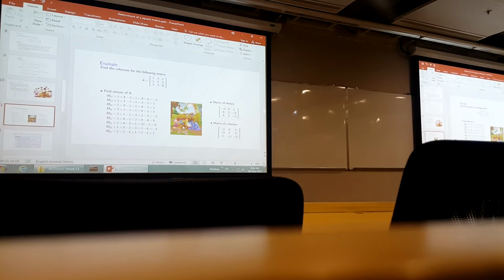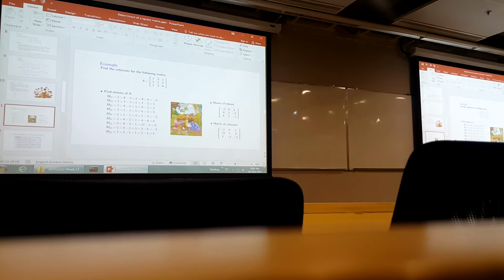For this position, the minor is 4 minus 2, which is 2, and it is positive, therefore the cofactor is also 2. For this position, the minor is 3 minus 6, which is minus 3. And it is negative, so the negative of this is positive 3 in the matrix of cofactors.